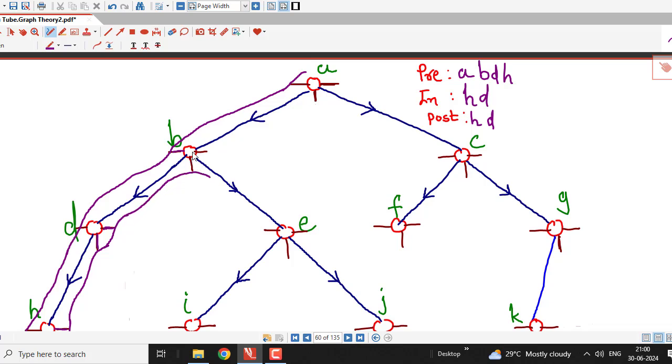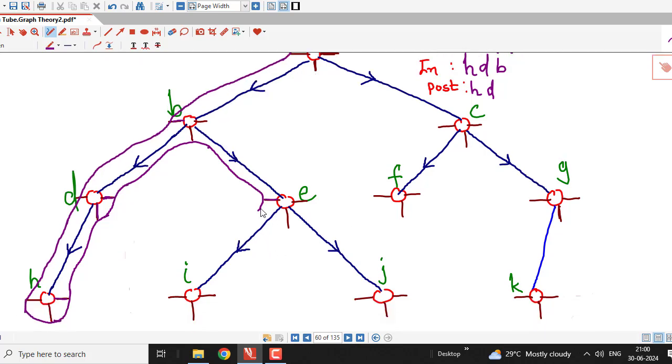So here I have vertex B, and this corresponds to in-order, so let me write B in in-order, and this line is for pre-order, so I am writing E in pre-order traversal, and then I am going in this direction.